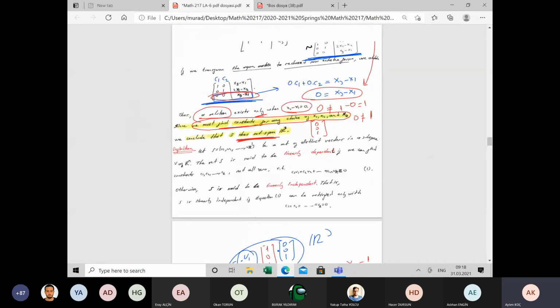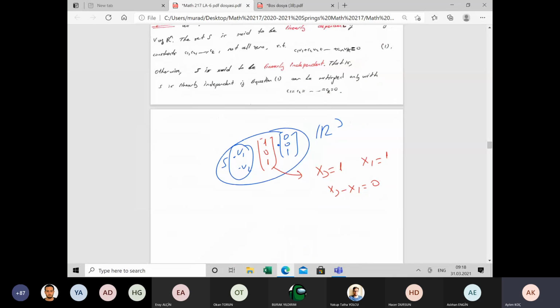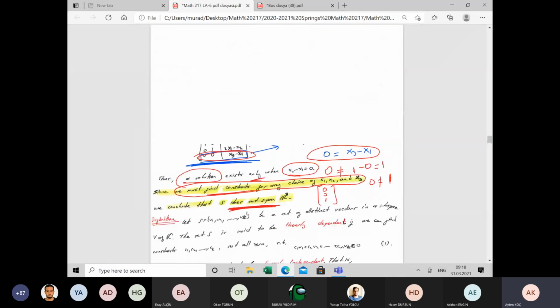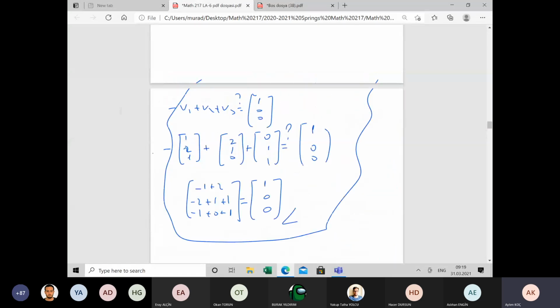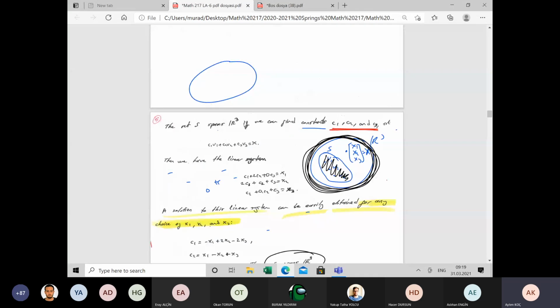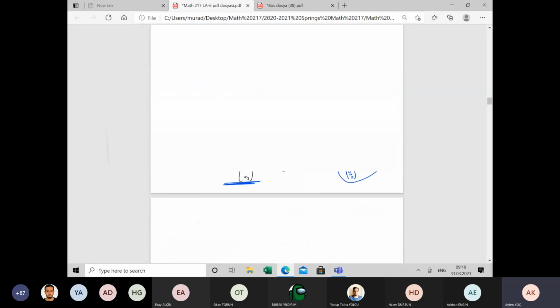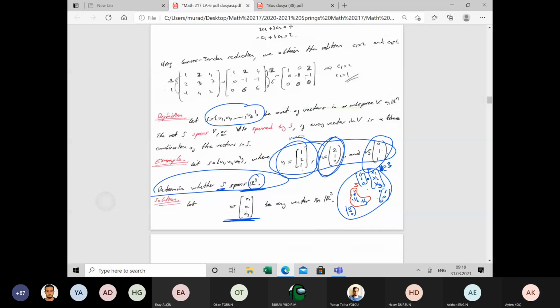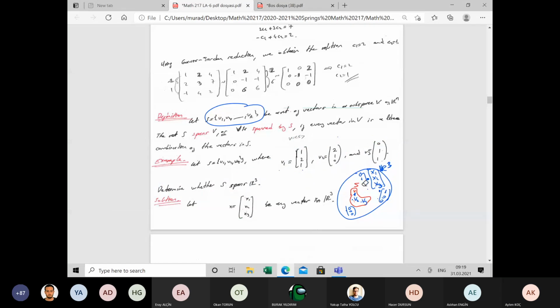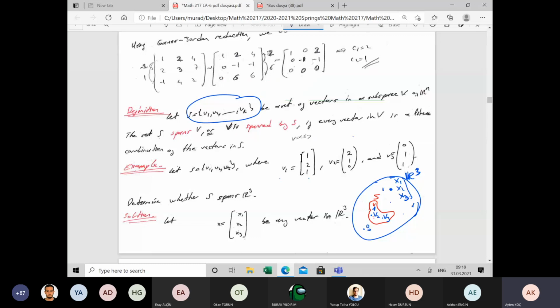But here be careful, look at the previous example. Look at this one, the same space R cube in this example. Take an arbitrary vector.